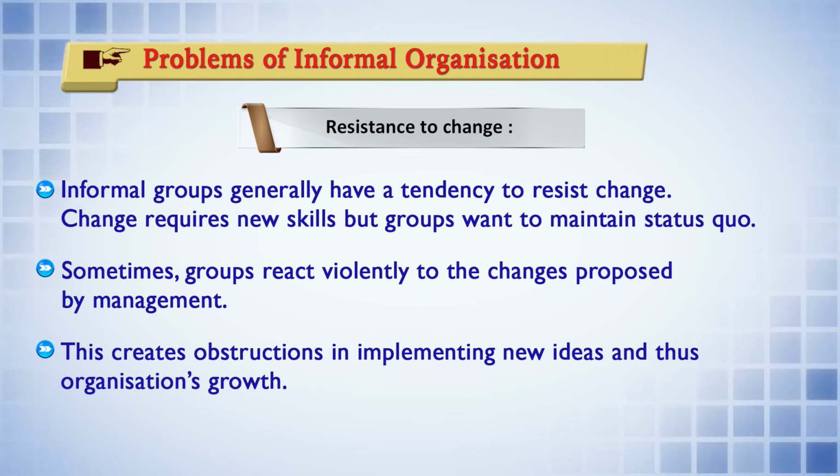They do not want change. So if the informal groups do not want something, they may resist the management and there may be some conflict, or as a result of their resistance, some good ideas may not be implemented.